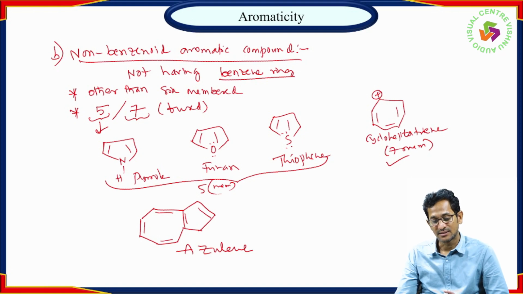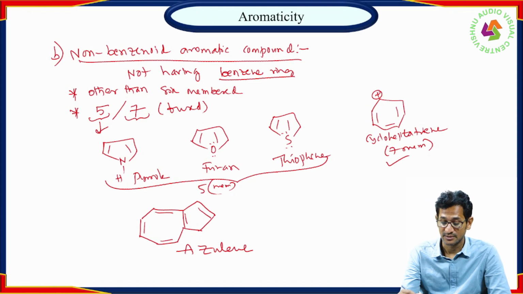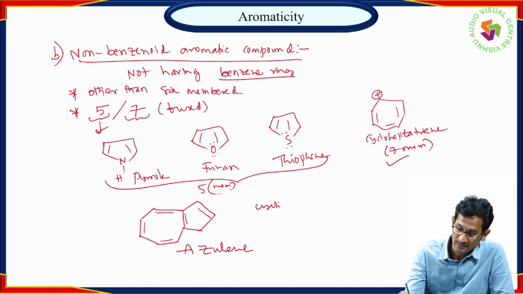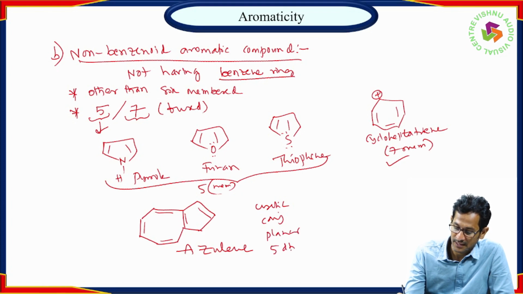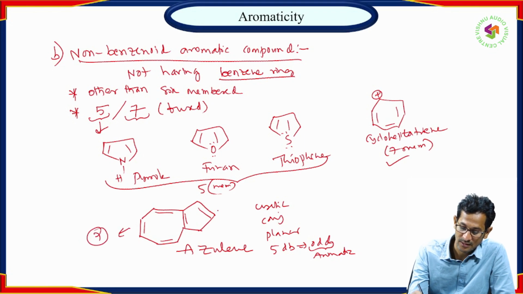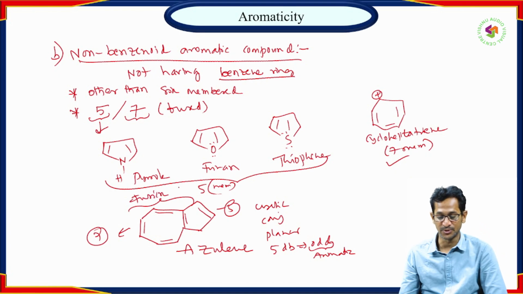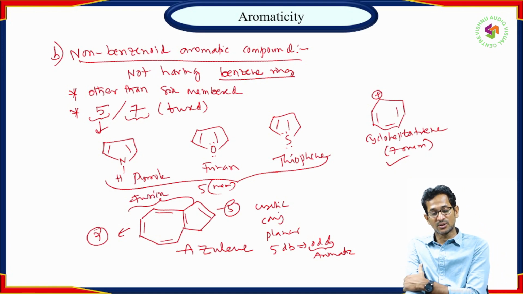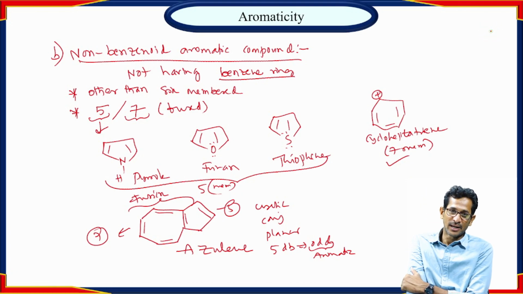It has a cyclic, conjugated, planar structure with an odd number of pi bonds, so it is aromatic. This is 7-membered, this is 5-membered, and they are fused. Therefore, this also comes under the non-benzenoid aromatic compounds.